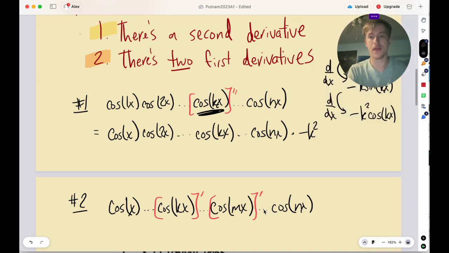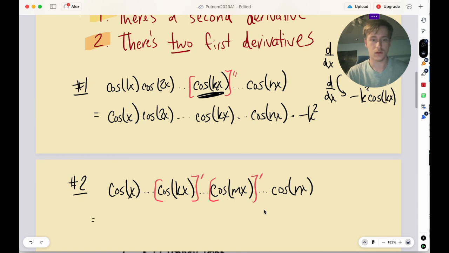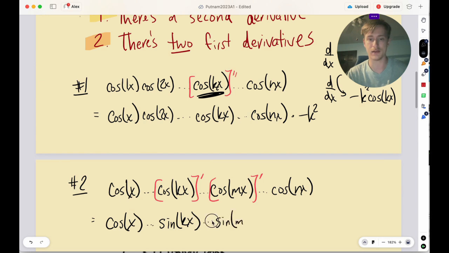Well, if I do that, then almost all the terms are going to stay the same, but this is going to be a negative sine of kx, and this is also going to be a negative sine, this time of mx. But then the chain rule that I applied twice, I'm going to pick up a negative k times a negative k, which is just a positive k squared.